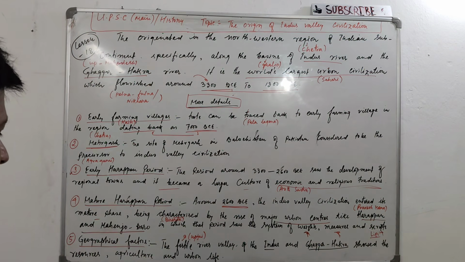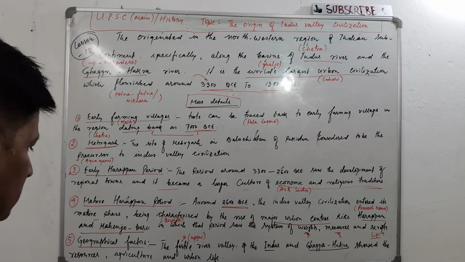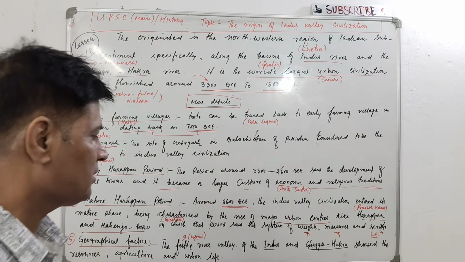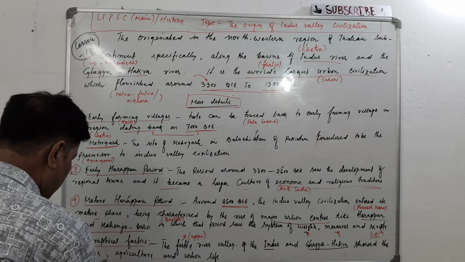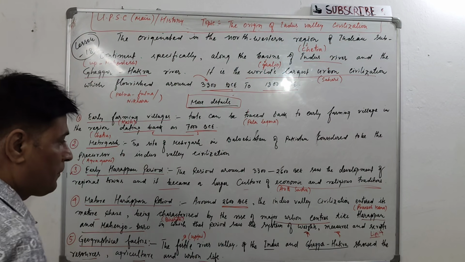Geographical factors are the fifth point: the fertile river valley of the Indus and Ghaggar Hakra provided resources, agriculture and urban life.